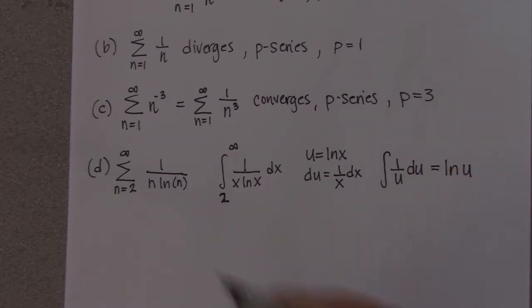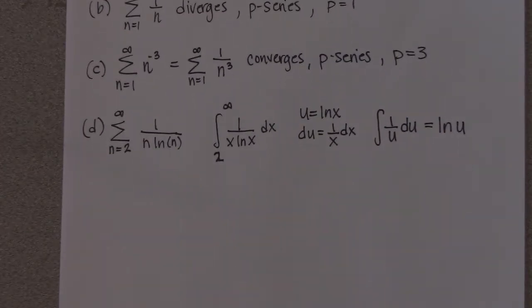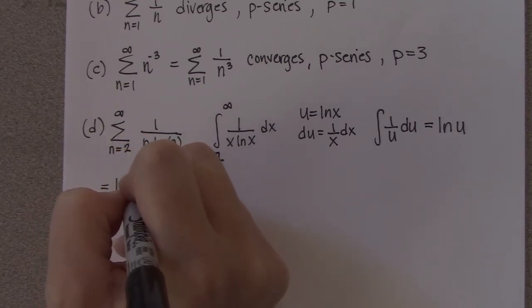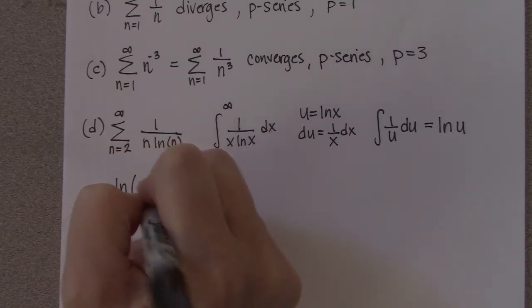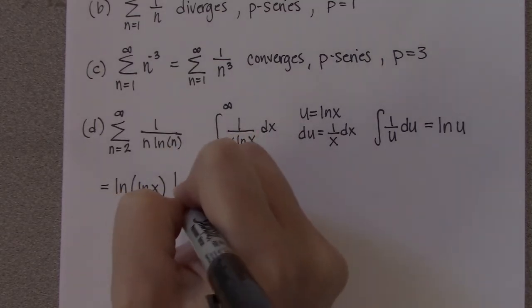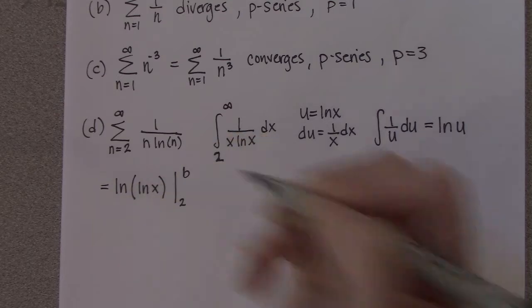That's going to equal the natural log of u. So when we go back to x, that's the natural log of the natural log of x evaluated from 2 to b.